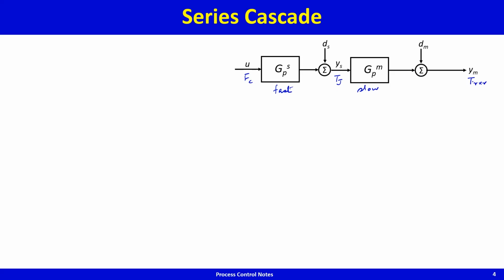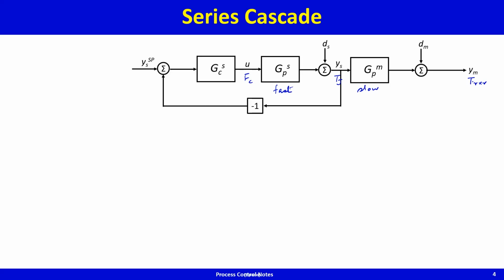So this is the process, and what we do is we have the slave loop. This is the slave loop, which controls the jacket temperature or the secondary variable by adjusting the available manipulated variable.